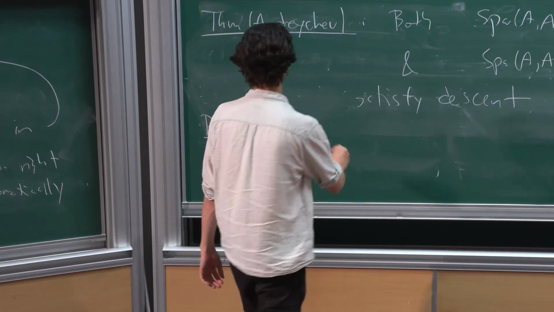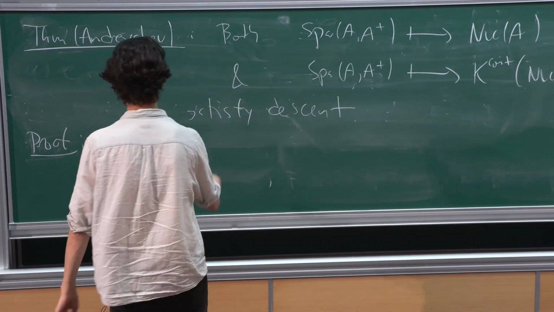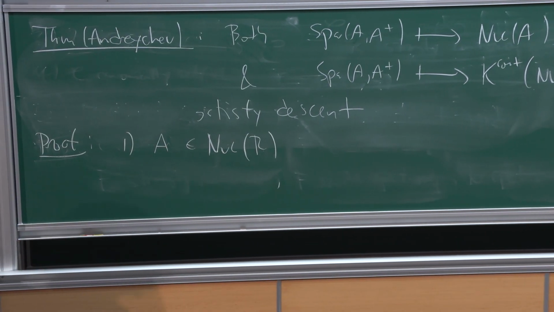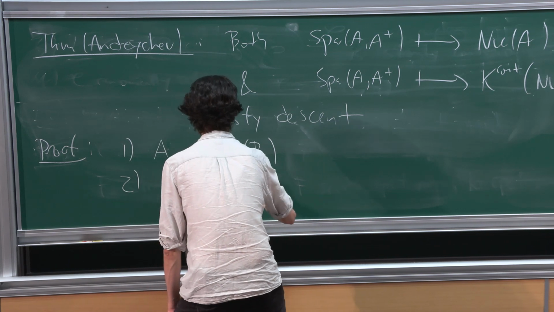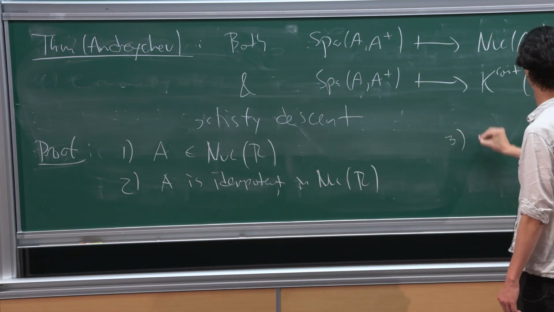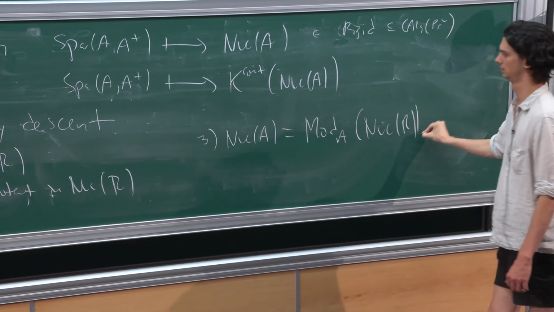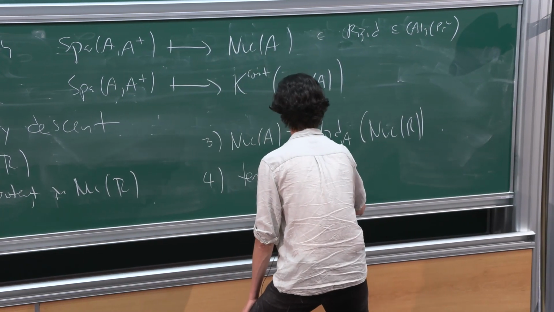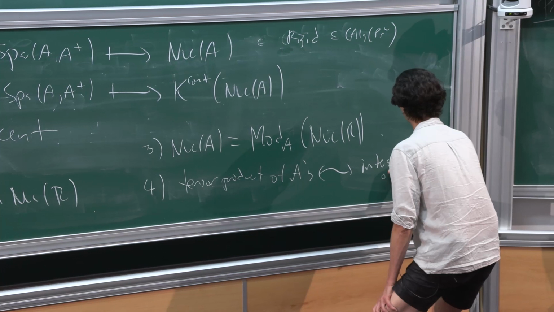So the first thing you can check is that A, which is some Huber ring of some sort, but strongly tied to R, is actually naturally a module in Nuc R. And then even more, A is idempotent in Nuc R. And then even more, Nuc A is just A-modules in Nuc R. And then tensor products of A's correspond to intersections of rational opens.